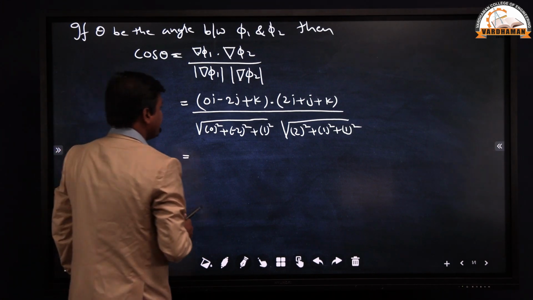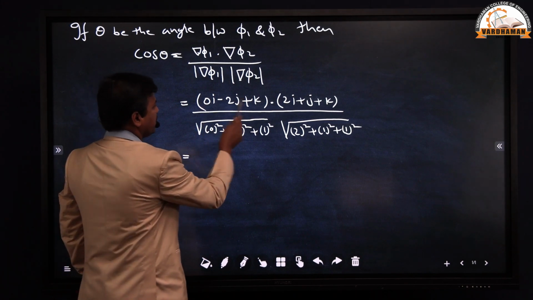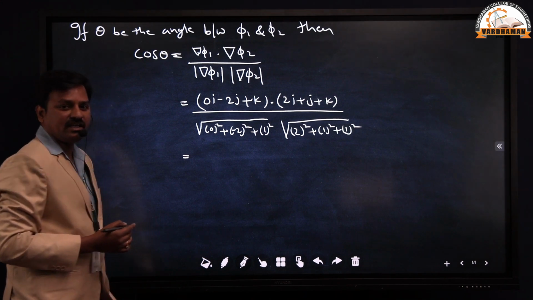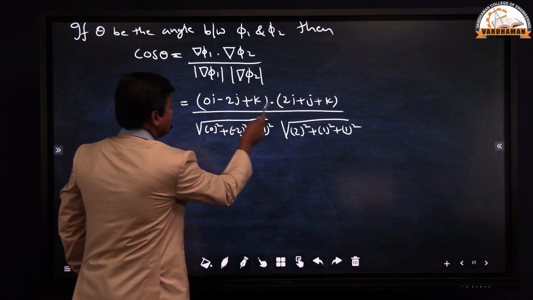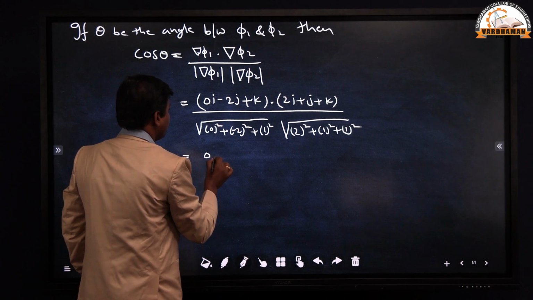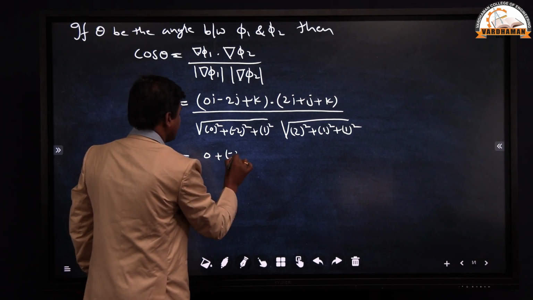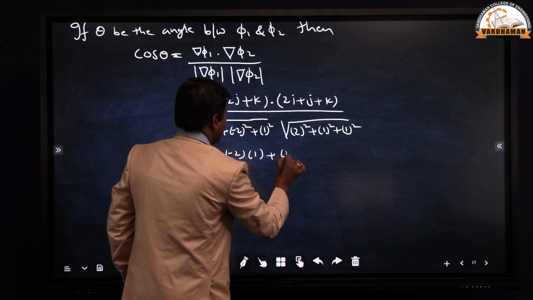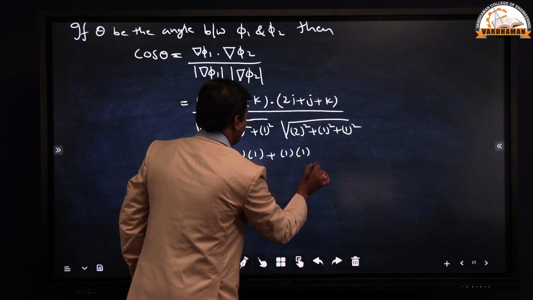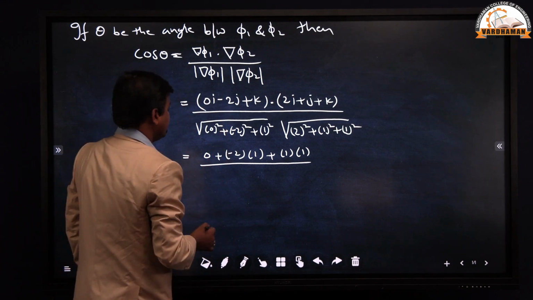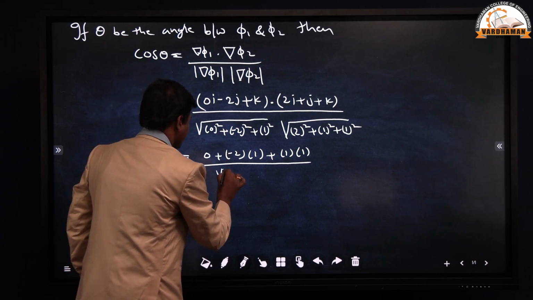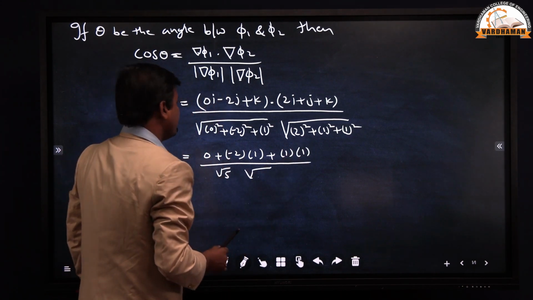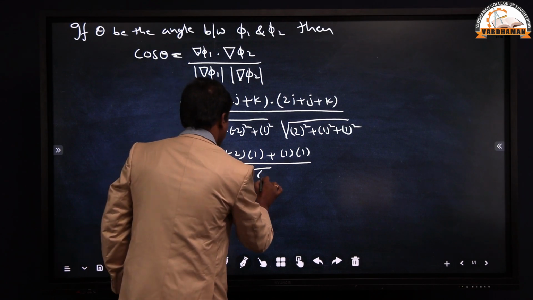Dot product of two vectors is the product of coefficients of i, j, k, and so 0 into 2 is 0 plus minus 2 into 1 plus k coefficient 1 into 1 by, this is root 5 and this is 2 square is 4 plus 1 plus 1 root 6.